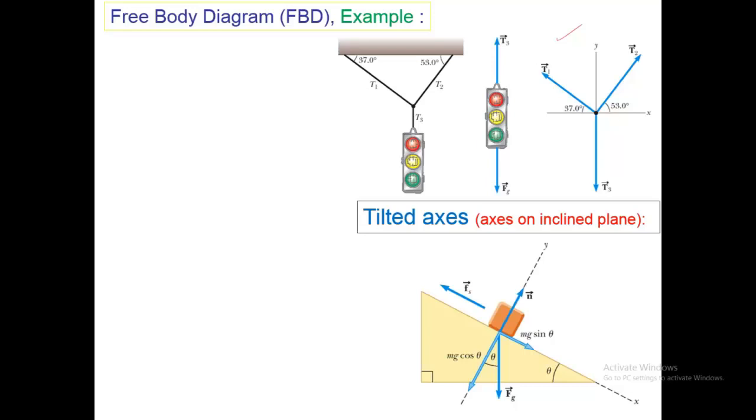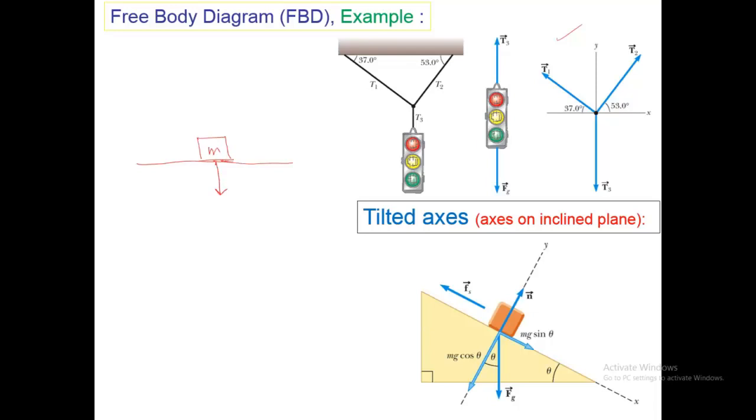Now you see, sometimes you see forces like this one making some angle, not on a horizontal surface. For example, sometimes you have an object of mass m on a horizontal surface.